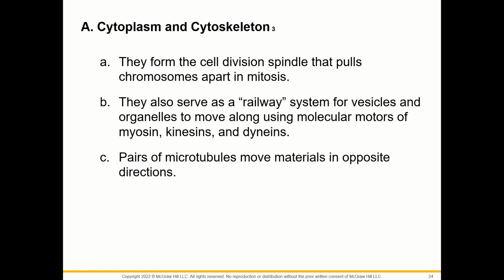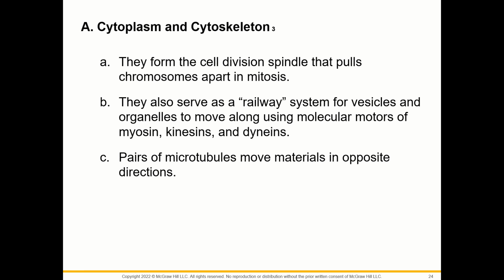They also serve as a railway system for vesicles and organelles to move along using molecular motors of myosin, kinesins, and dyneins. I'd already talked to you about the dynein arms, and the kinesins are too cool. They are what carry the vesicles throughout the cytoplasm, and they have little feet that they walk on, and they walk along the microtubule railway.